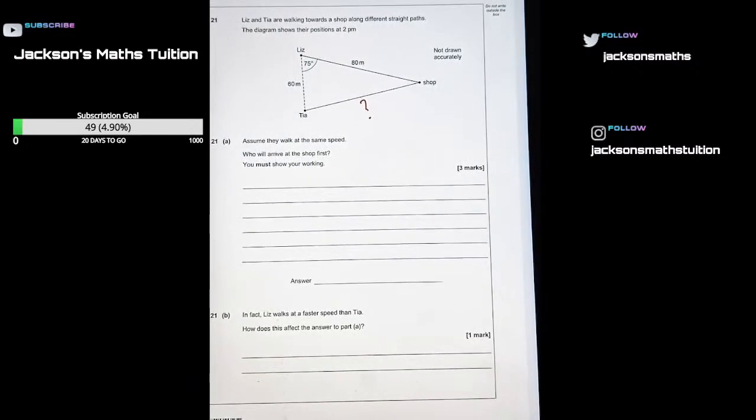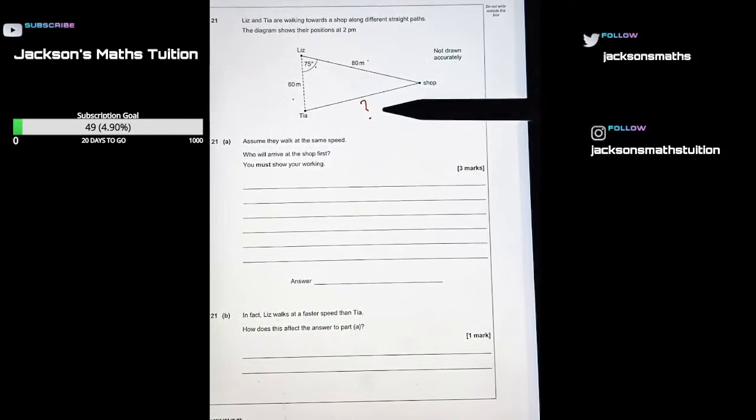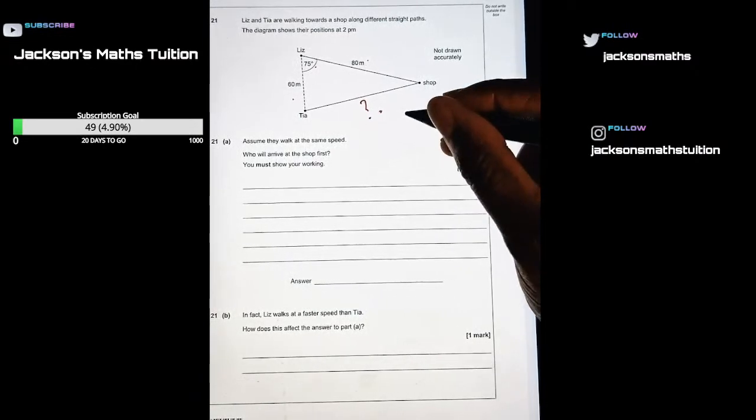Looking at the triangle here, it's not a right angle. We're given 2 sides, we're given an included angle, and we're finding the side opposite the angle. So that looks a whole lot like cosine rule.